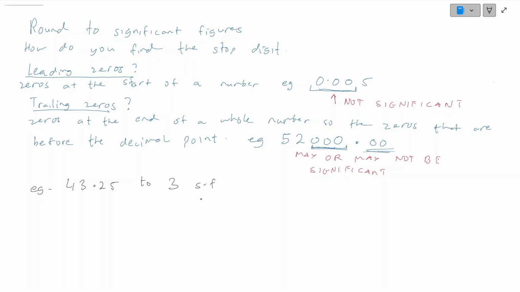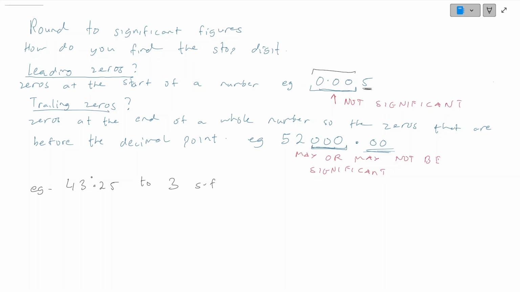I'll start off by counting my significant figures. I always start counting when I hit my first significant figure from the left. Remember, if I had leading zeros, those are not counted as significant figures. Therefore, I would count this digit as my first significant figure. We'll get to an example of that later. So here, 3 significant figures.